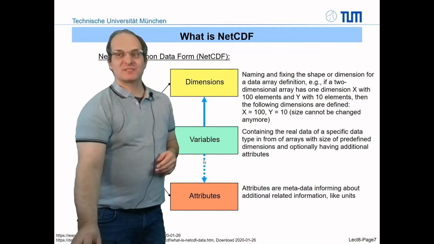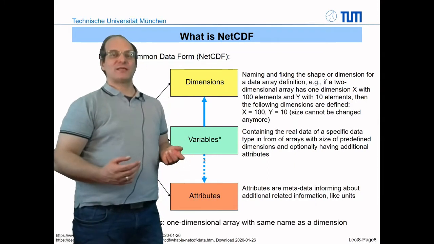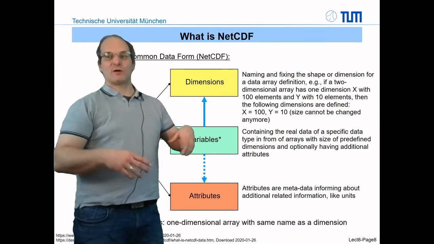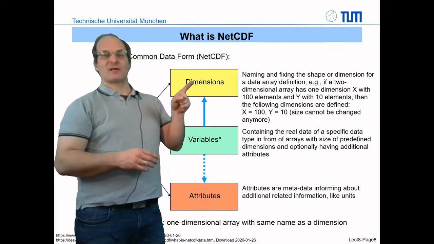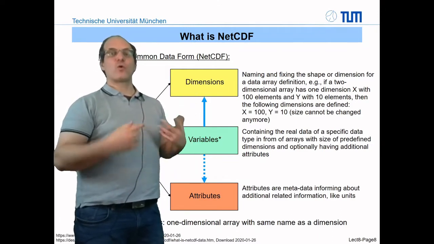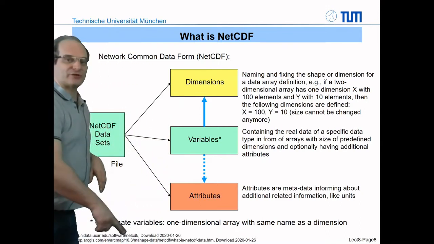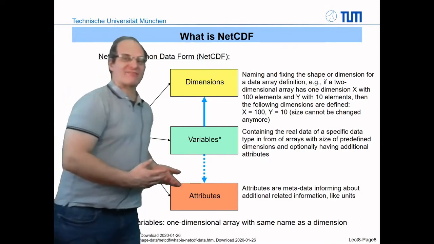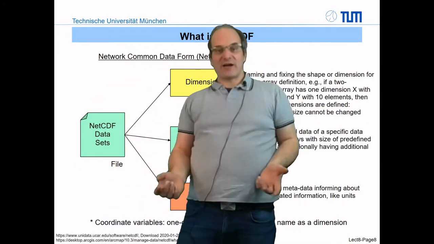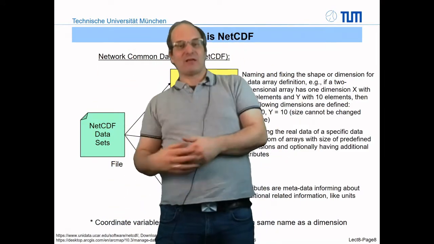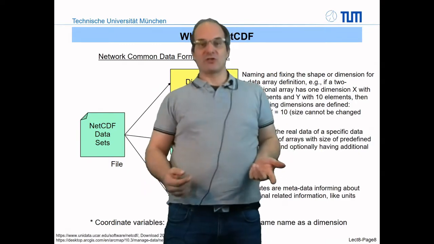So there's one specific type of variable. If the variable is a one-dimensional array and has the same name as the dimension, then it's called a coordinate variable. So here you have it. So it's called a coordinate variable, so that the size is defined, that the variable is the same as the dimension, usually for one-dimensional arrays.